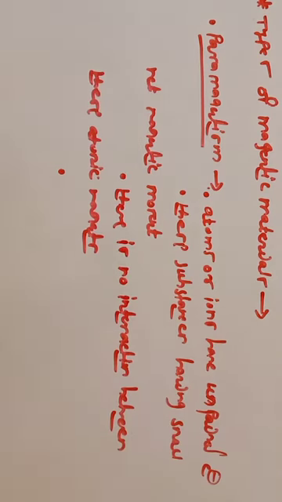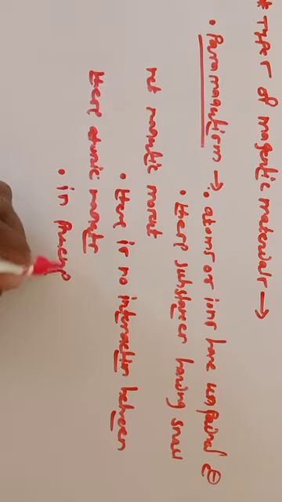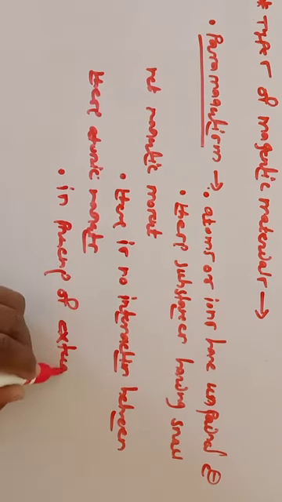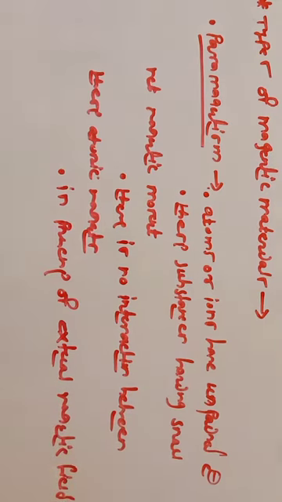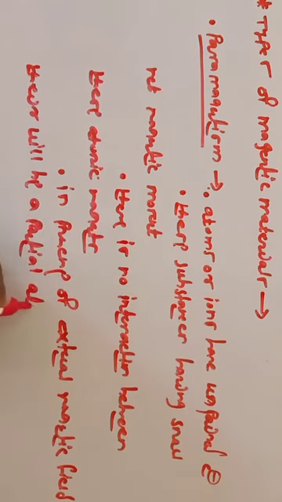In this case, we consider these electrons as small or tiny magnets, and therefore in the presence of an external magnetic field, there will be a partial alignment of these atomic magnets.